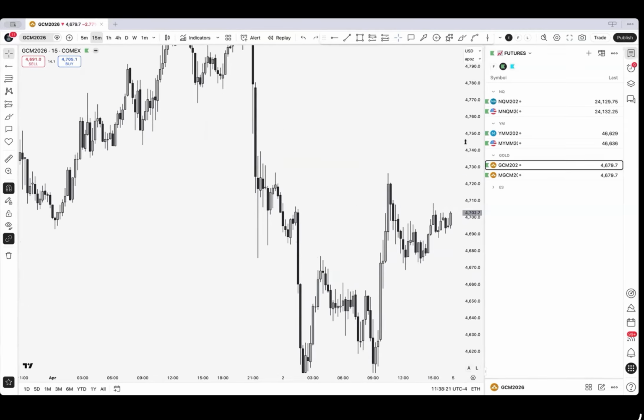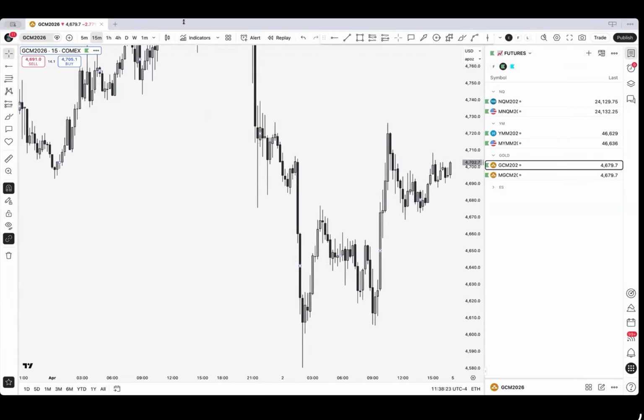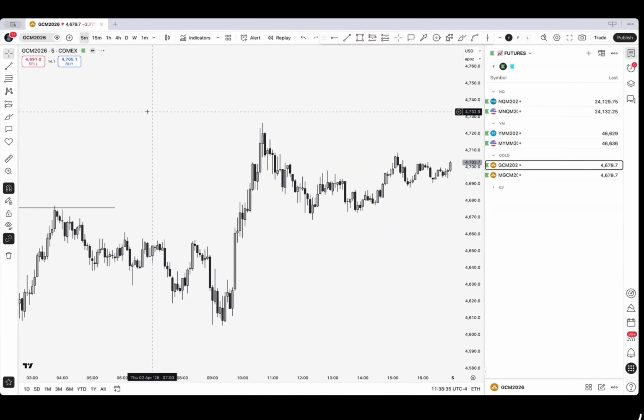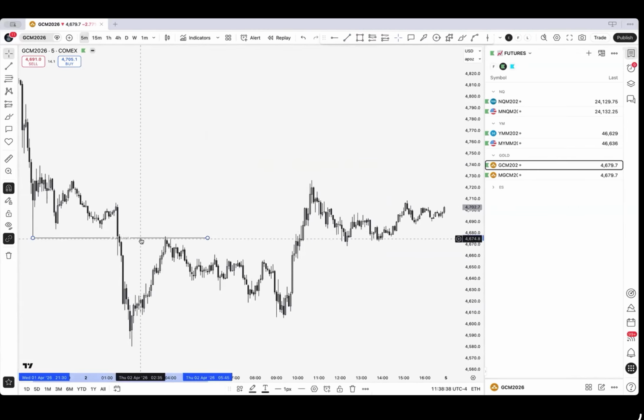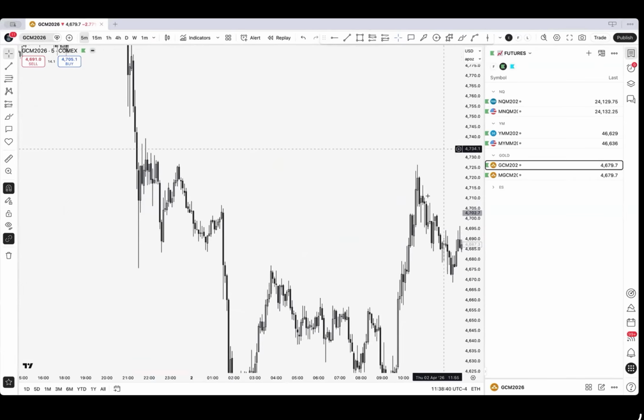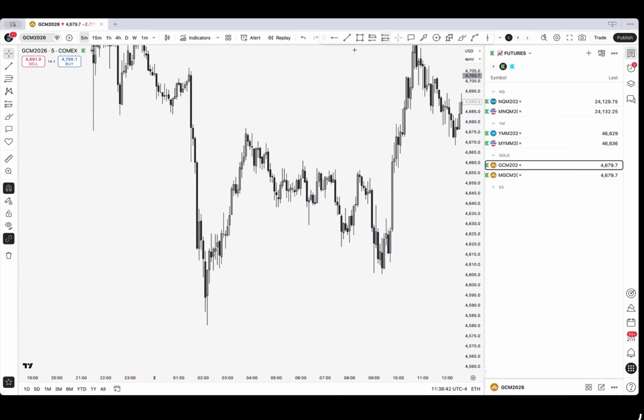One could justify though that if you look on a 15 perspective without refining it, we have that reaction inducing sellers because of this. But then again, when you look in the five, you see what we react off of. So that's what I like to look at and dissect: what price is actually reacting off of.